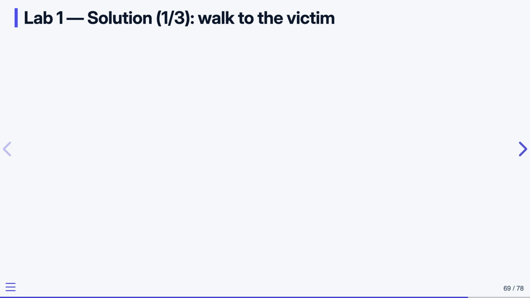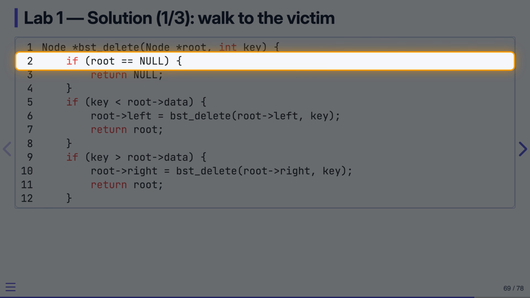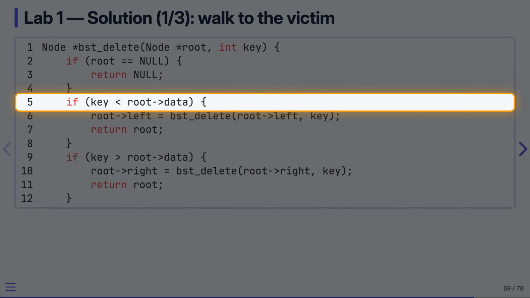The hardest function is BST delete, so that is the one we walk through in 3 parts. The function takes the root and the key to remove, and it returns the new root. First, the base case. If root is null, the key is not in this subtree, so return null and change nothing. Now the search part. If the key is less than root arrow data, the victim is on the left.